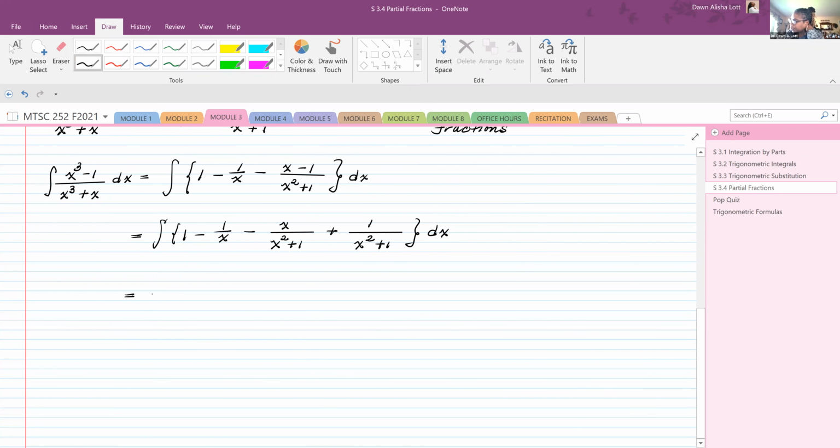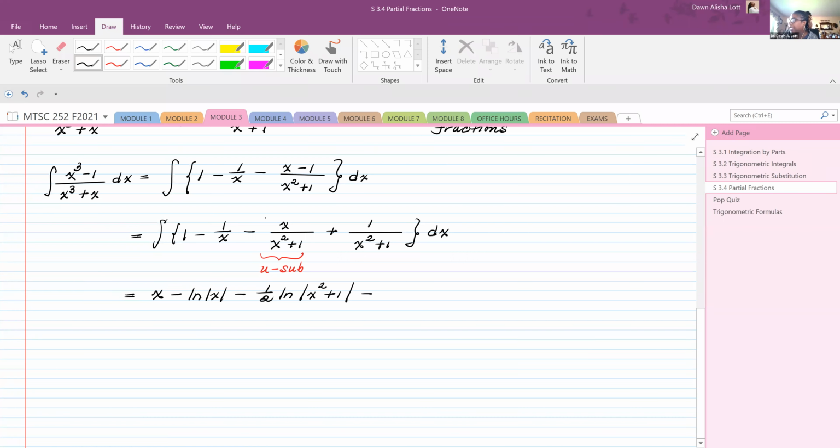So now this is very easy to integrate. The first one is just x. The second one is the log of the absolute value of x. Now, what about this one? This one I could do by u substitution, where u is equal to x squared plus 1. And this one's going to give me 1/2 the natural log of the absolute value of x squared plus 1.